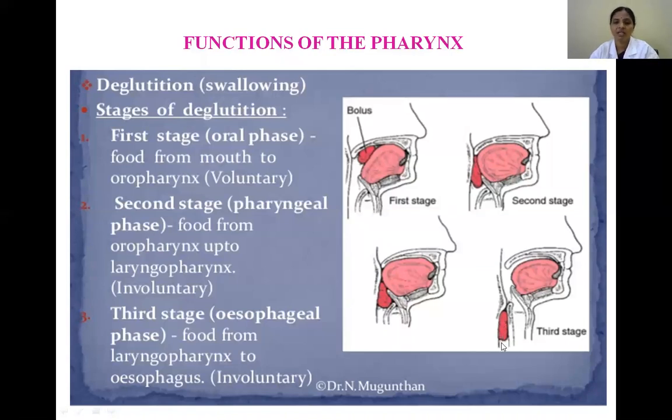In this way, the bolus extends into the laryngopharynx. And once it appears there, what happens in the third stage? The thyropharyngeus contracts, whereas cricopharyngeus relaxes. By this action, the food bolus extends into the esophagus. So in the third stage of deglutition, from the esophagus it extends down to the stomach.